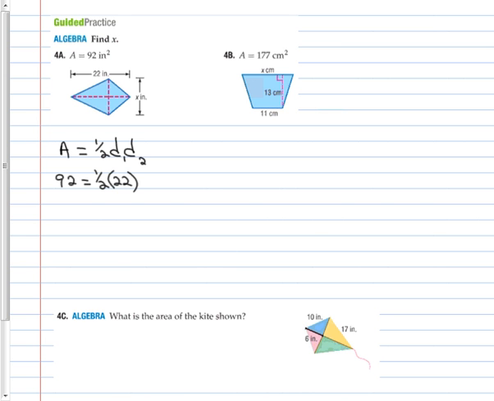Do I know the other diagonal? X. Half of 22 is what number? 11. So when you divide, 8.4.